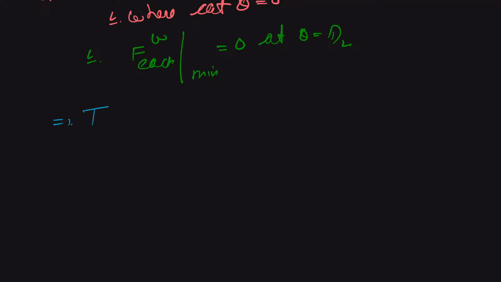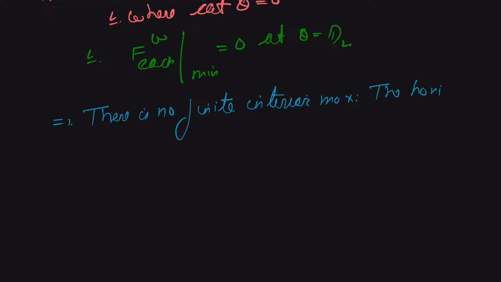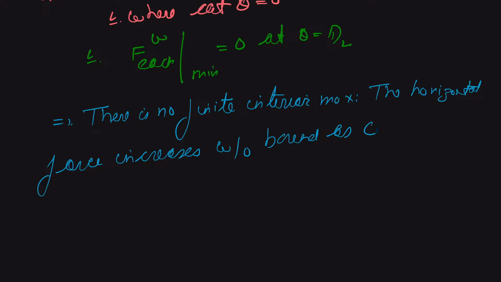So we can say there is no finite interior maxima, which basically means that the horizontal force increases without bound as theta tends to 0 positive, because cot of theta will be going to infinity.